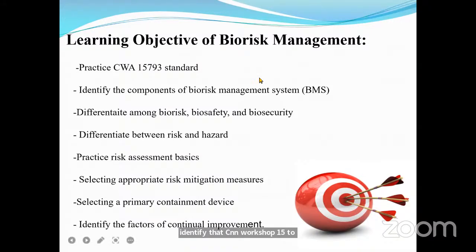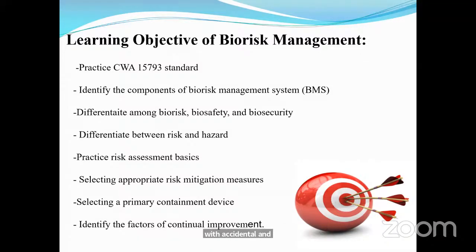Actually, this standard is a voluntary standard developed through international collaboration to outline a set of requirements that establish a biorisk management system for handling and storage of biological agents, and also improve the understanding and management of the risk associated with accidental and deliberate misuse of biological agents.